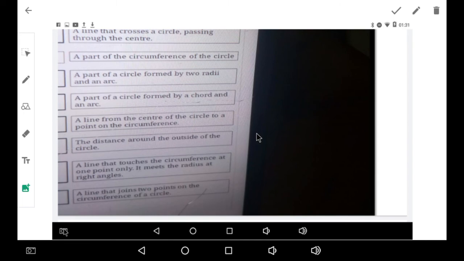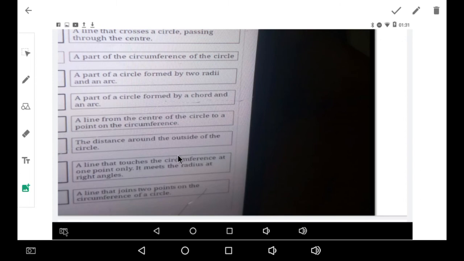An arc. A part of a circle formed by two radii and an arc. Jimmy? That's a sector. A part of a circle formed by a chord and an arc. A segment, yes, it's really a segment.